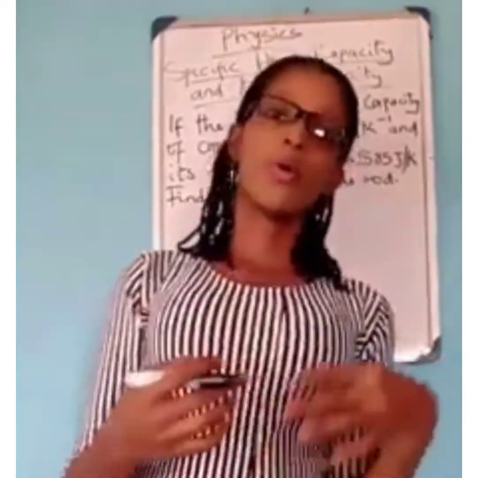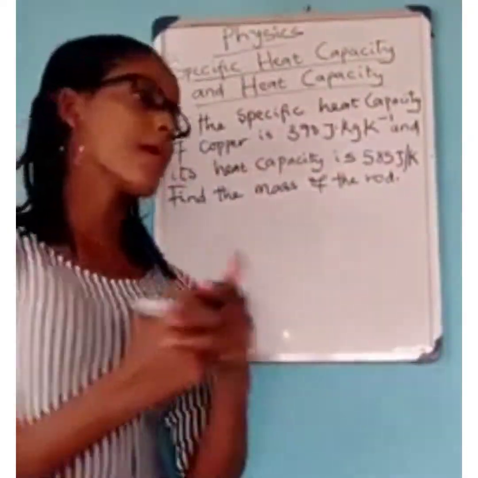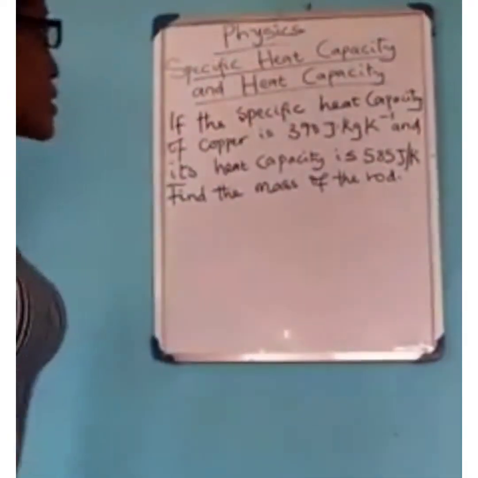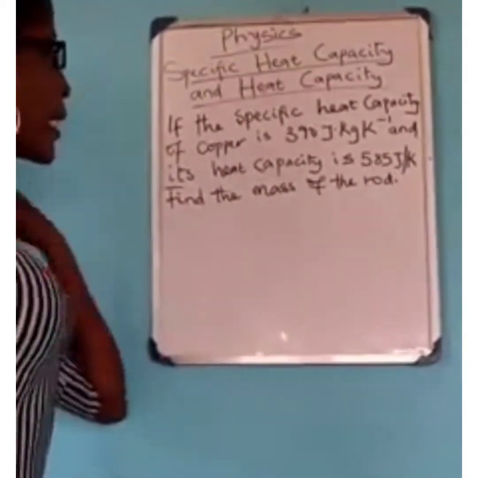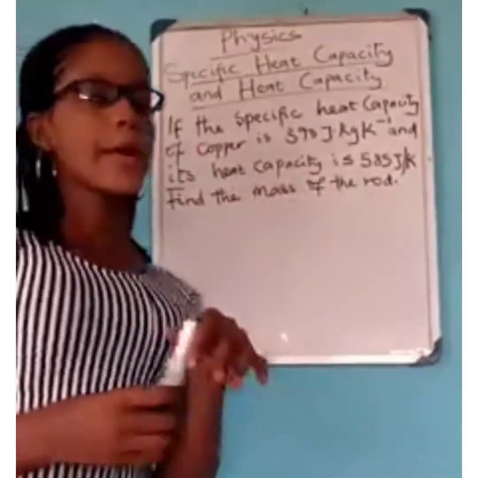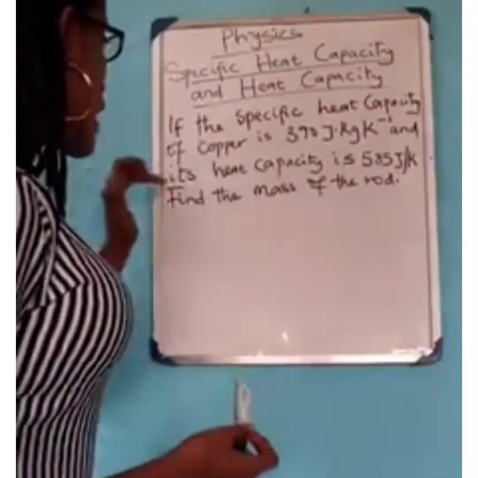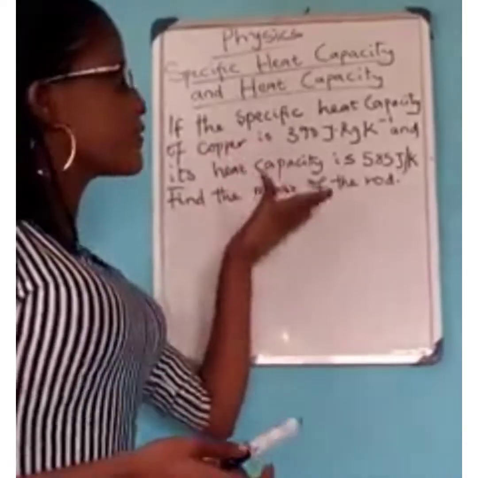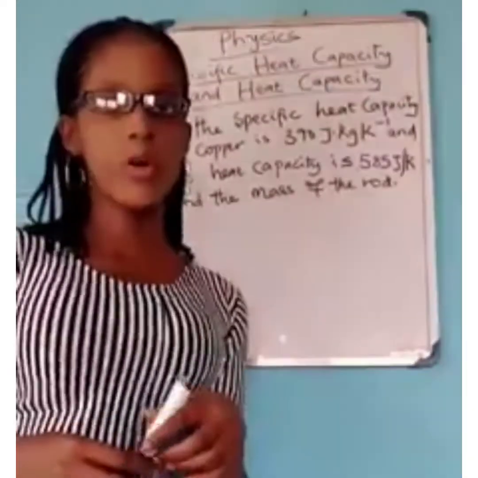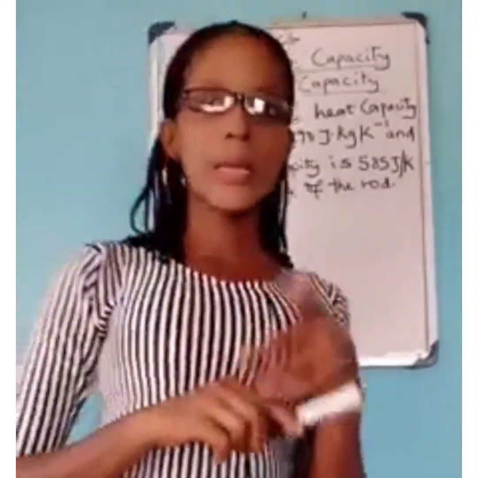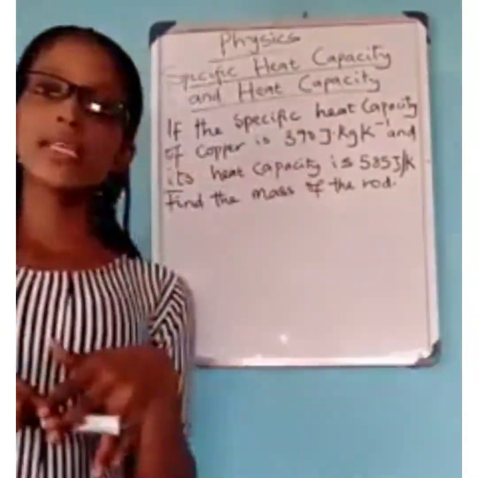If you're familiar with the formulas we've derived so far, let's try this second question. If the specific heat capacity of copper is 390 joule per kilogram per Kelvin and its heat capacity is 585 joule per Kelvin, find the mass of the rod. Here we are given specific capacity and we are given heat capacity.